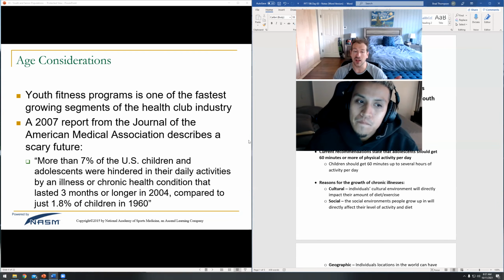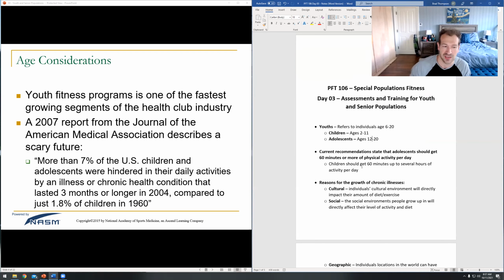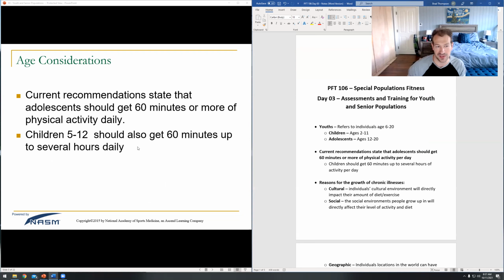Just know that it is a massive segment of the fitness industry and it is growing really quickly, mostly because childhood obesity continues to climb every single year. It's definitely not slowing down. One of the best ways to fight against childhood obesity is simple physical activity.